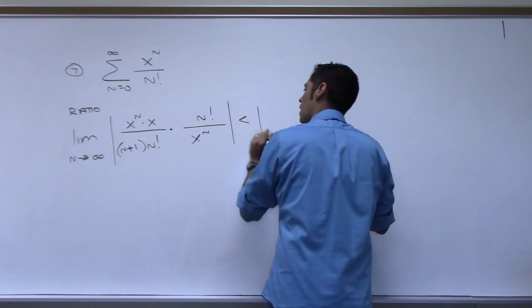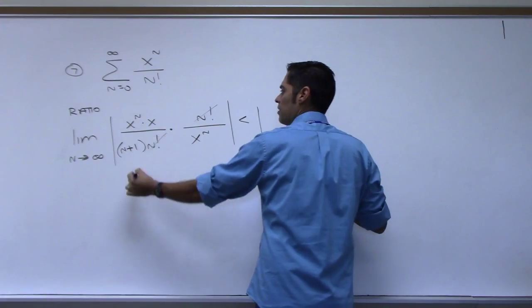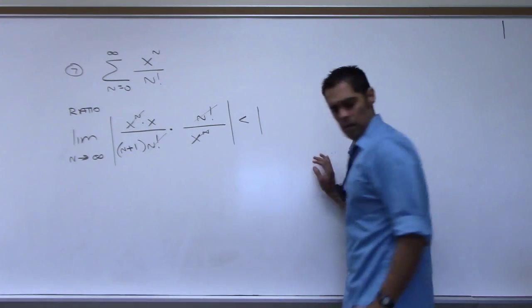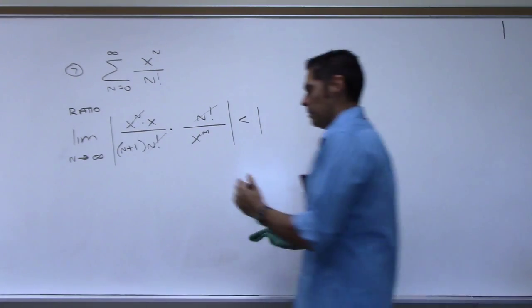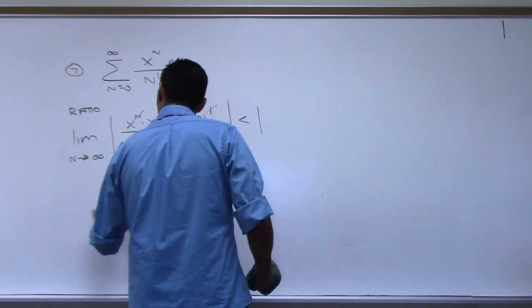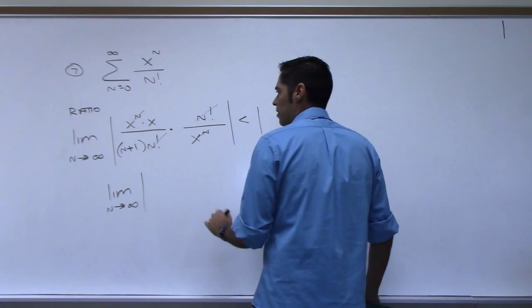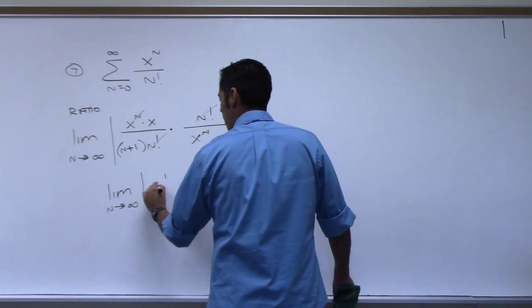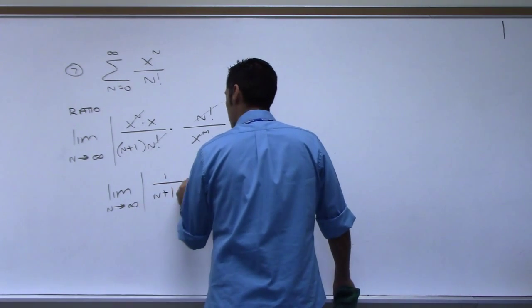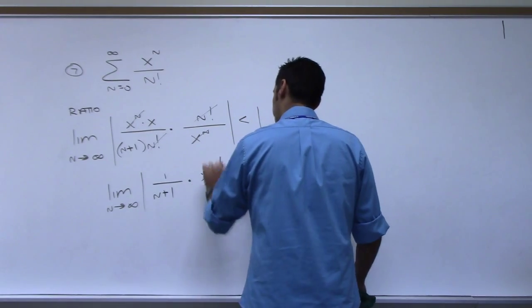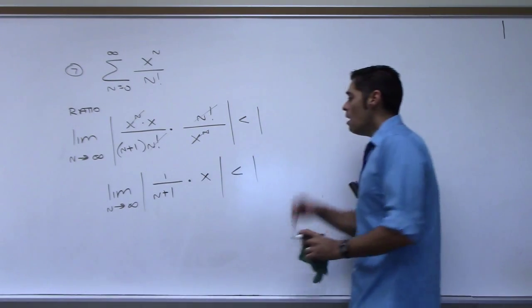I want this less than 1. N factorials cancel, x to the n's cancel. And so I get limit n goes to infinity. Okay, split the n's from the x's. So all I have is an n plus 1 on the bottom, so I'm going to write that as 1 over n plus 1. And then over here I have x.